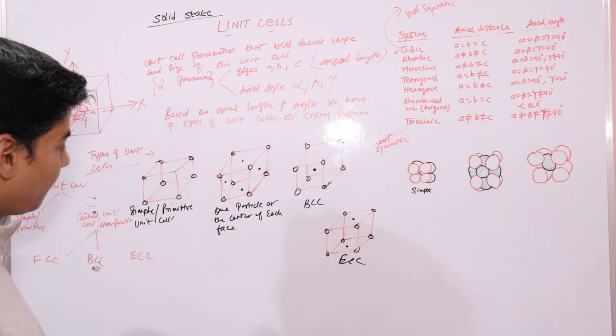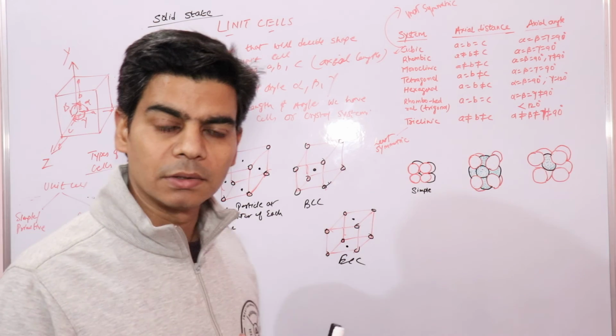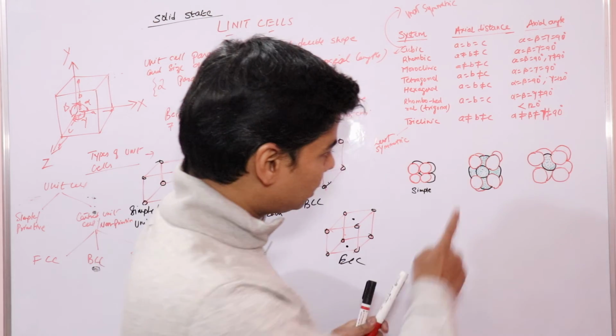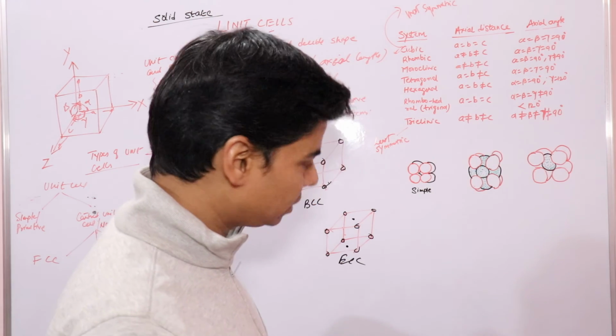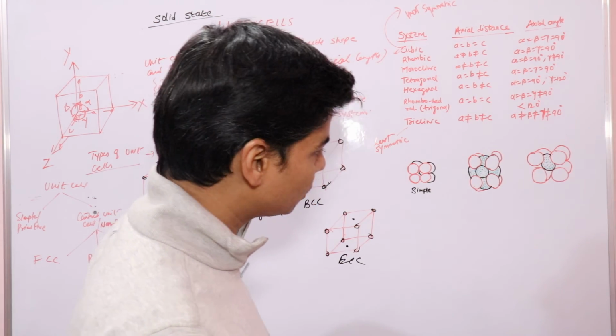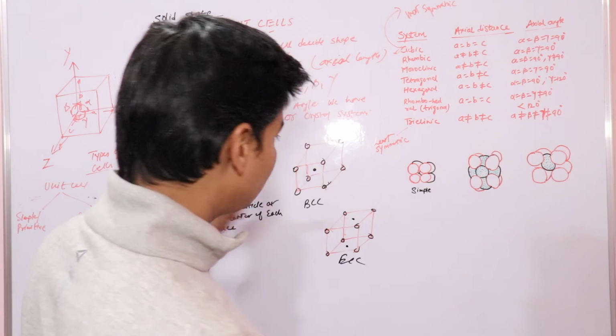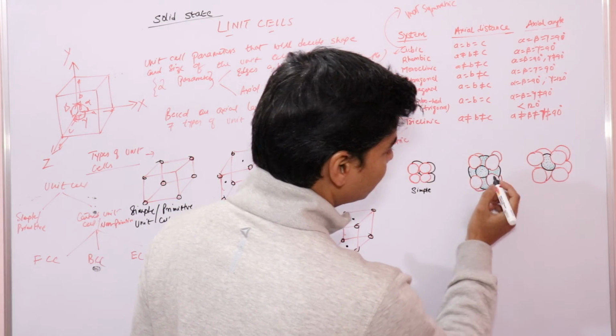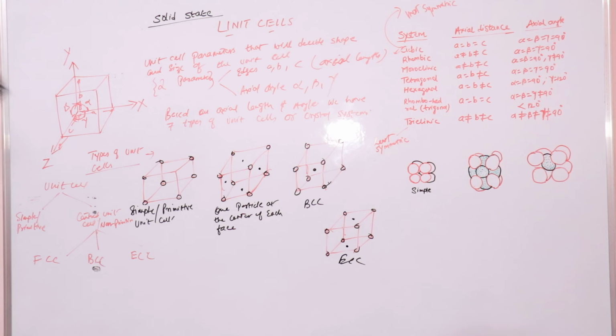Now very quickly we will see that in actual practice, these particles are closer to one another, right? These are the actual diagrams, you can see them in your books also. These are the actual diagrams of how these particles look. This is your simple, and the third one is your body centered, where you can see one particle at the center of the unit cell.